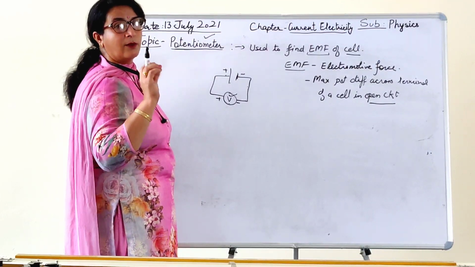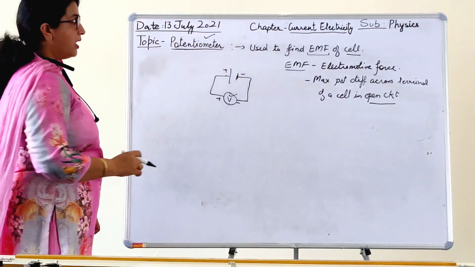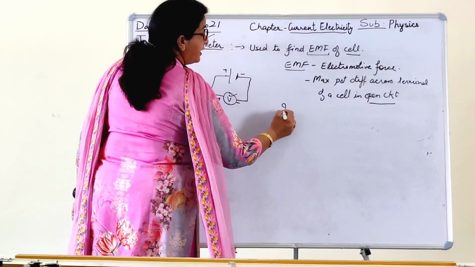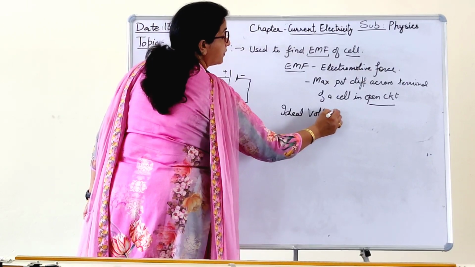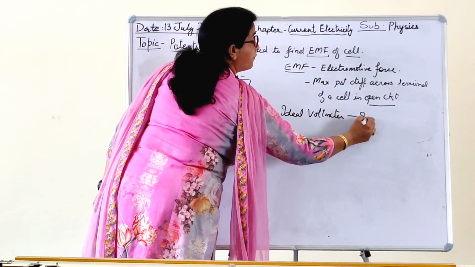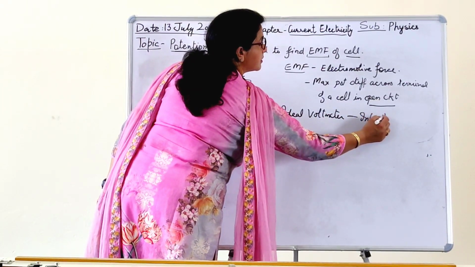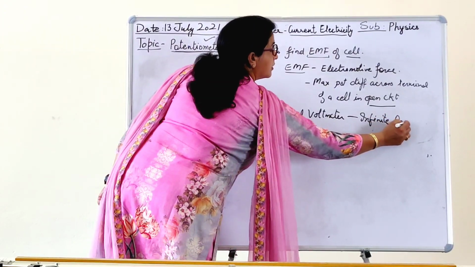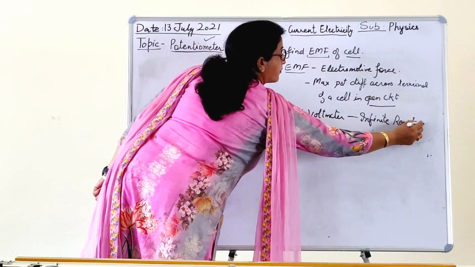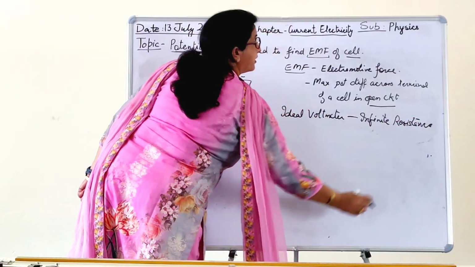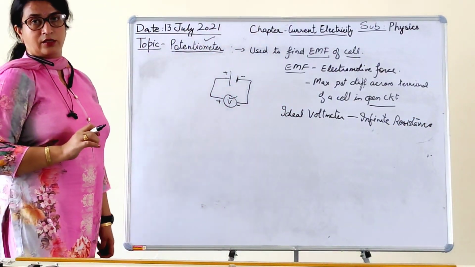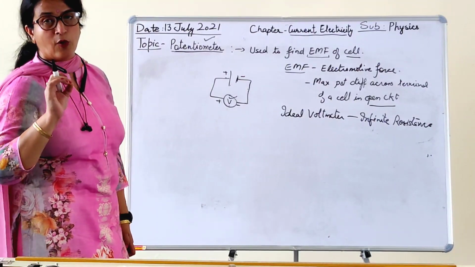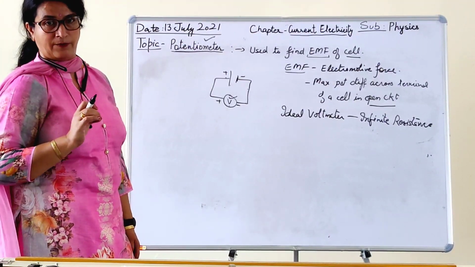Practically it may have some finite resistance. Otherwise, an ideal voltmeter must have infinite resistance. So this voltmeter can't give us the accurate value of the EMF of the cell.